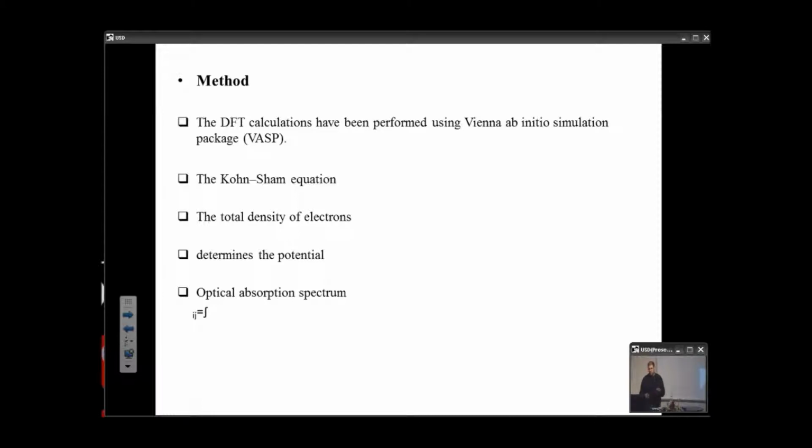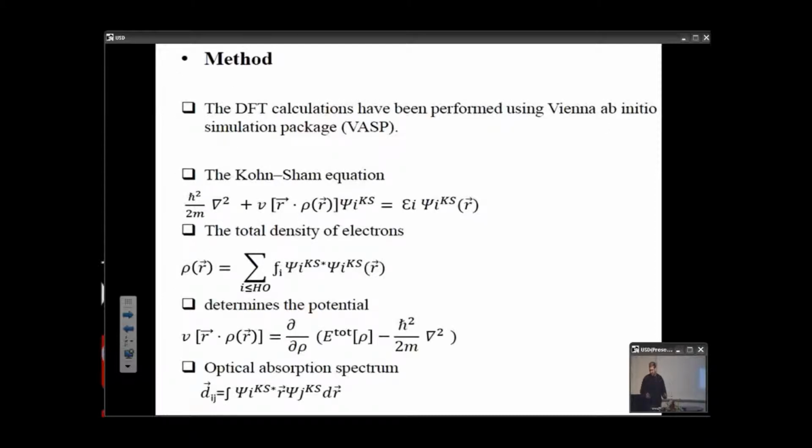The potential also depends on the coordinates and the density of electrons. The orbital absorption spectrum is also involved in this study, computed based upon the transition dipole moment.